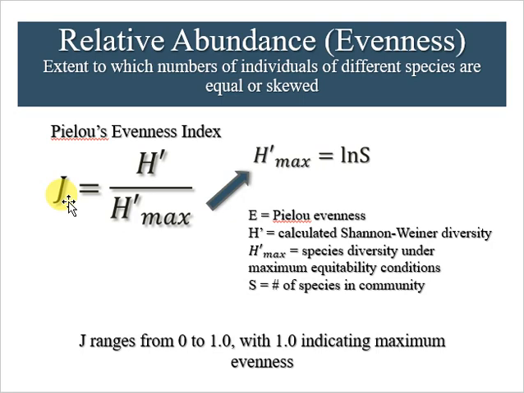What that's meaning, that maximum evenness, is that that habitat has similar abundance values for each species present. And because of that, that habitat is said to have a greater level of evenness.